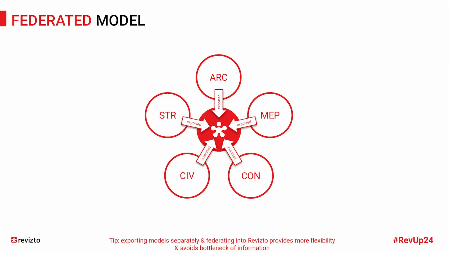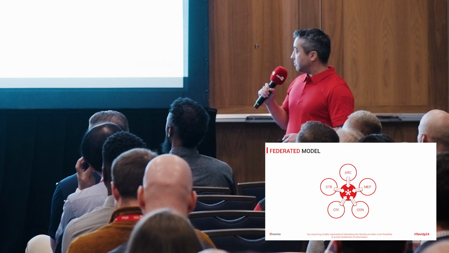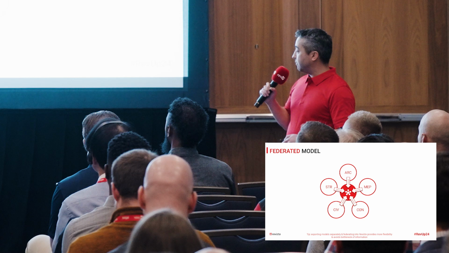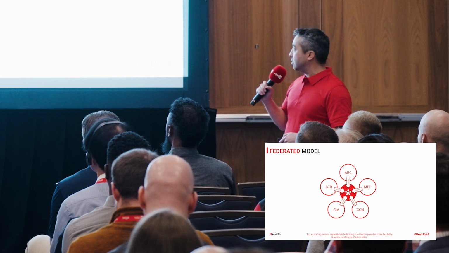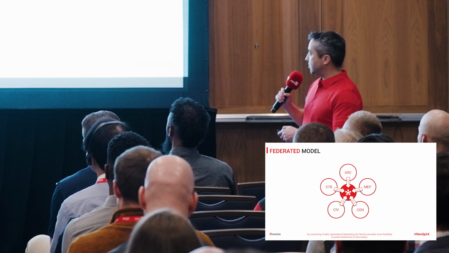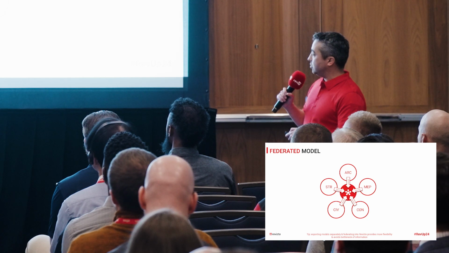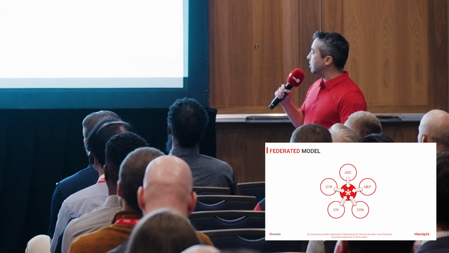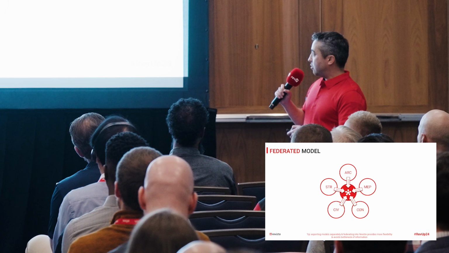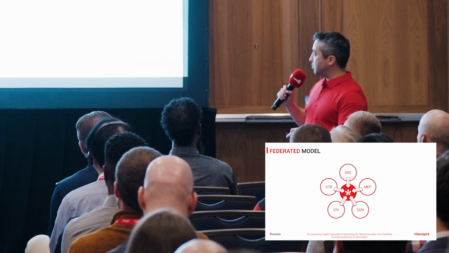So this is showing you the best way to get the models into Revizto. Revizto does a really good job aggregating a lot of different file formats, whether it's from Revit, AutoCAD, Tekla, an RCP or a point cloud, you can bring it all in. What I'm showing is the different models. You usually have a detailer or an engineer in charge of that model, and they'll want to export that into Revizto.